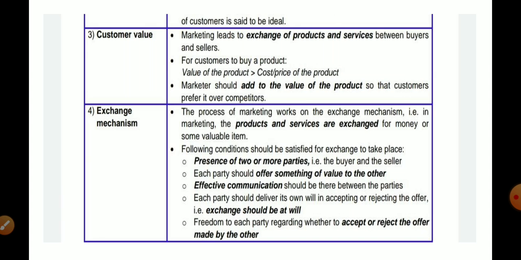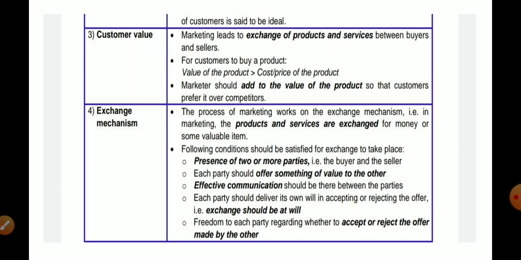This is the place where you want to make your product more superior than competitors. And this process is called customer value, or adding value in your product.